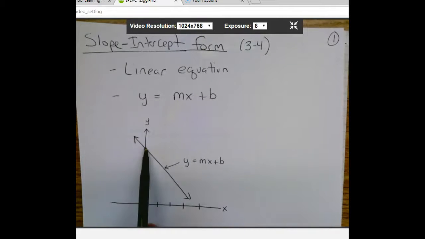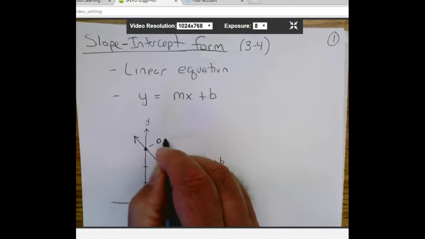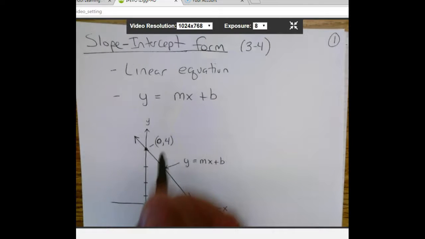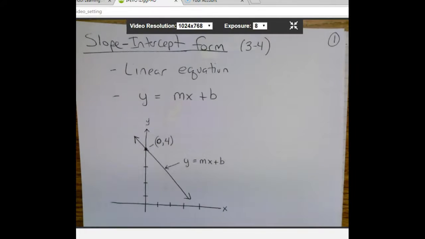Because on the y it's at 4, on the x it's at 0. So we could label this point with two coordinates, 0, 4. 0 is always the x, which is first, and then 4 for the y, which is second. And it's a standard way that you write them. Okay, so then we can use these coordinates in this slope-intercept form. We'll look at that in a minute.